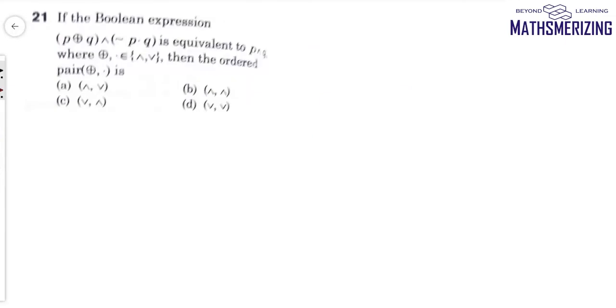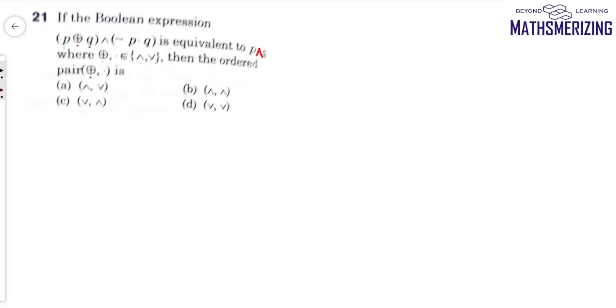Now here the question says this expression P, this symbol, Q and not P dot Q is equivalent to P and Q, where this plus and dot belong to the set of conjunction and disjunction. Then we need to find this ordered pair.